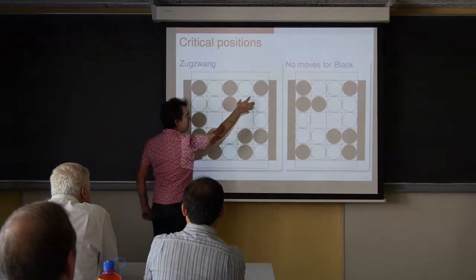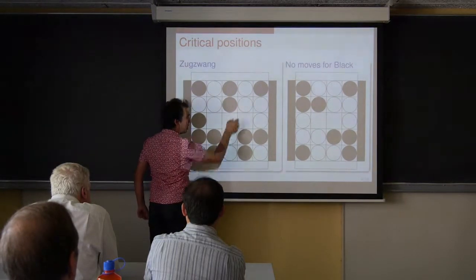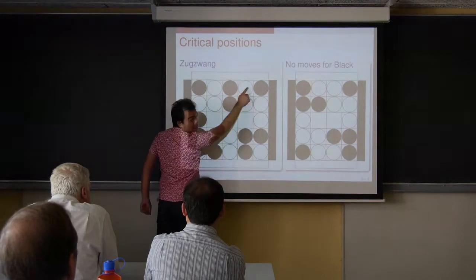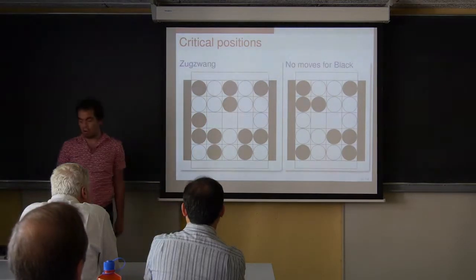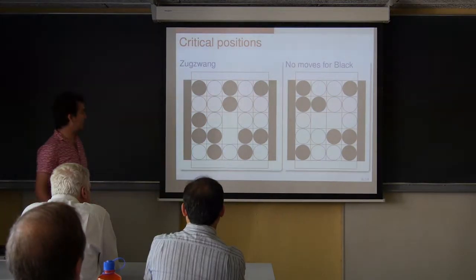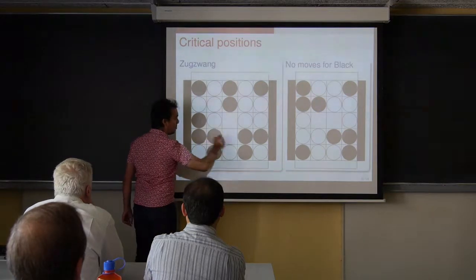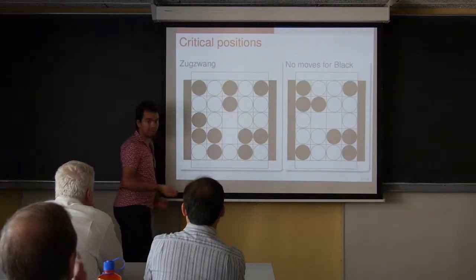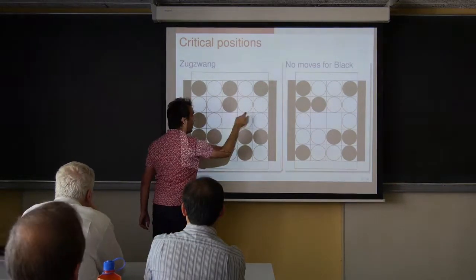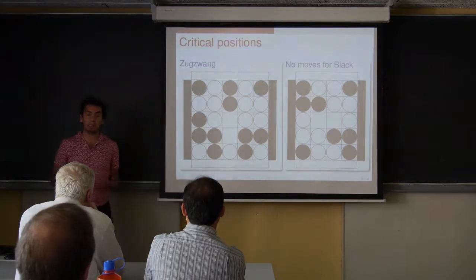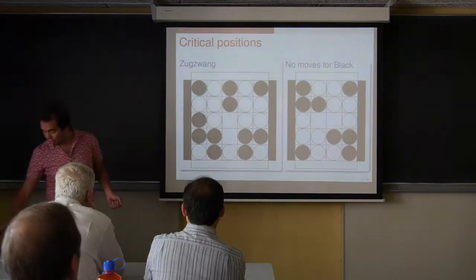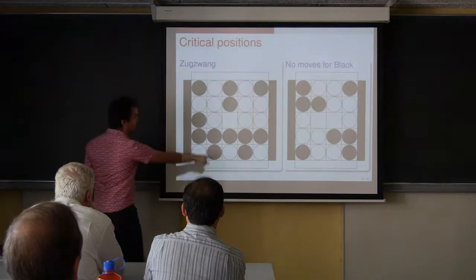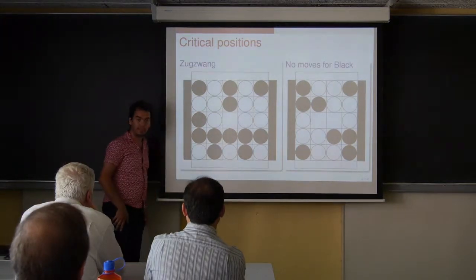It is not possible to move this stone here to connect them, because if we do so, we disconnect those 2. So the only legal move for white is to move a stone here and put another one there, or symmetrically to move the stone from here and put the other one here. And once white plays that move, this opens the way for black's winning move by connecting the 2 sides.